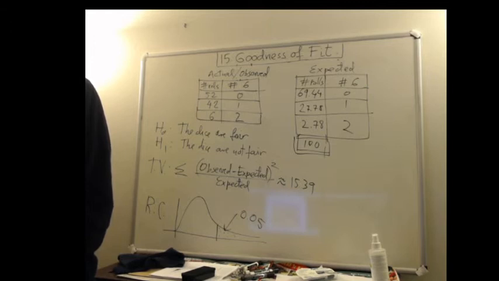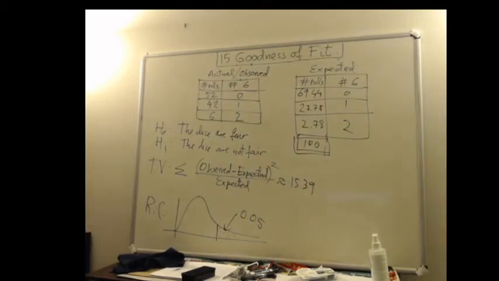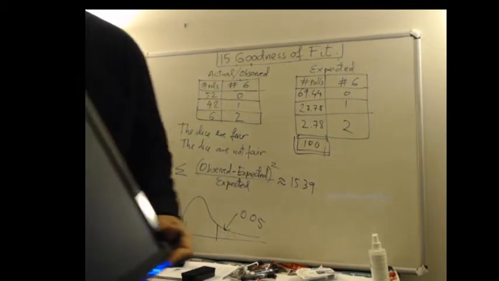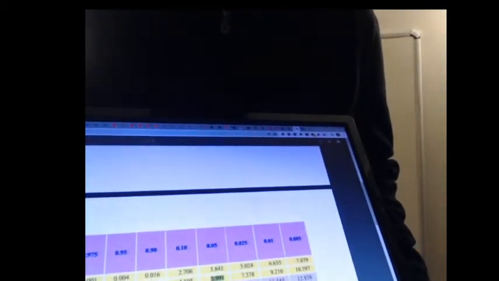And the value I found, I hope you can see, is 5.991. That's in the chi-square table.